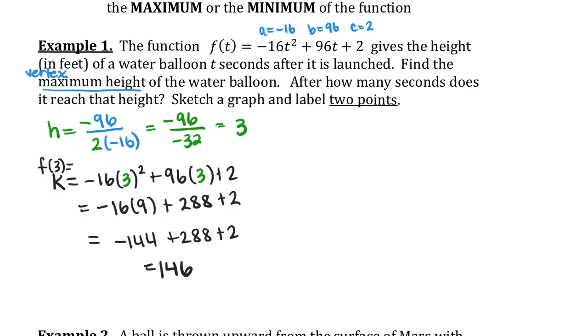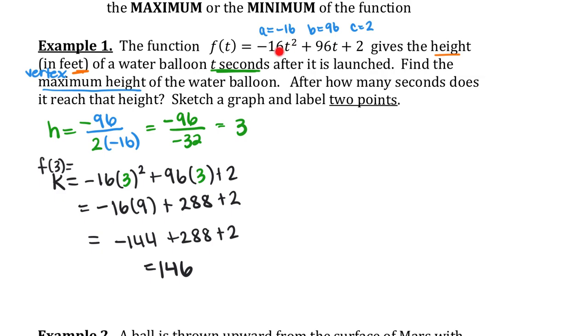Okay, the function gives the height in feet of a water balloon. The t is the seconds after it's launched. Find the maximum height of the water balloon, and after how many seconds does it reach that height? So I want the height and I want the seconds.